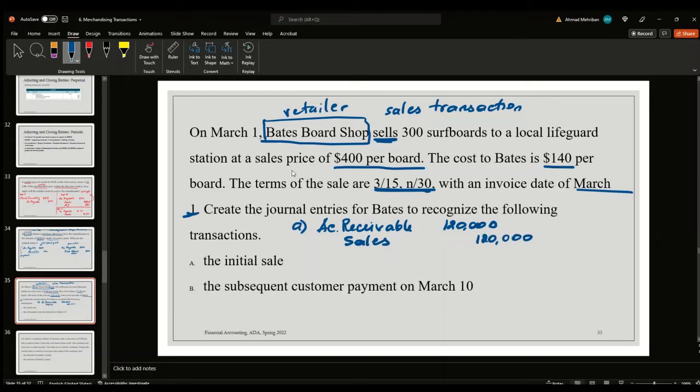Now, if it's periodic, this is all you have to do. But if we assume the perpetual inventory system, then you will also add cost of goods sold increase and merchandising inventory decrease.